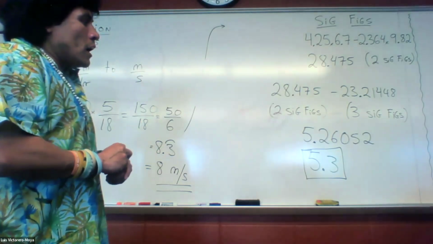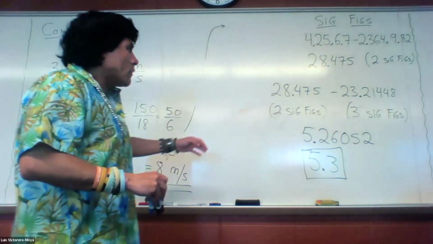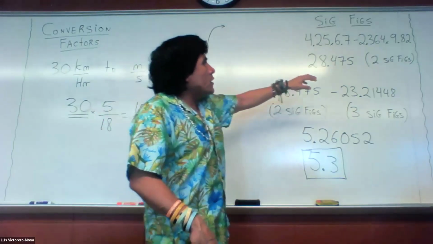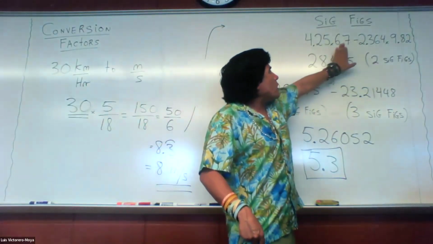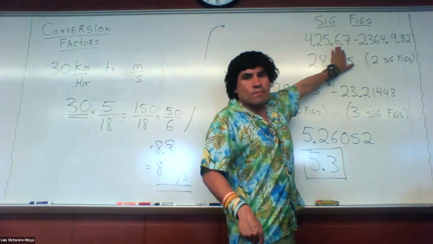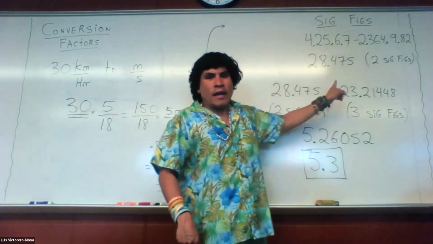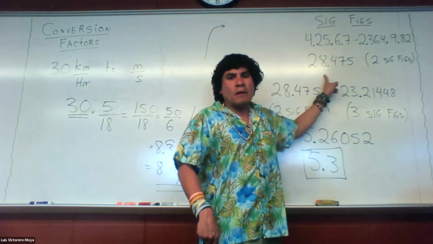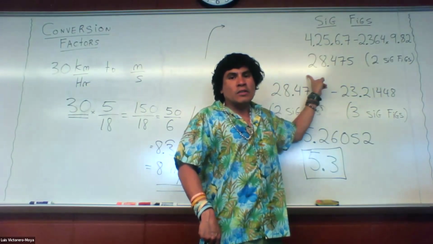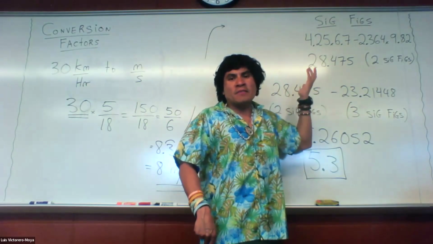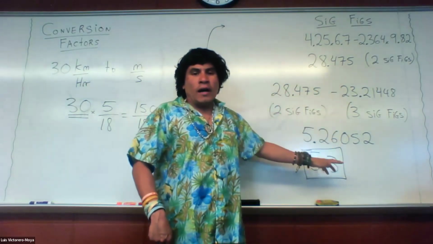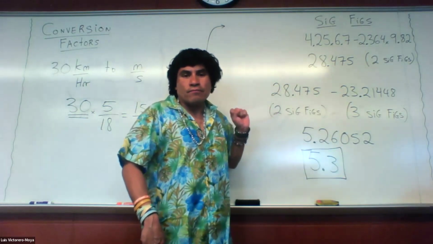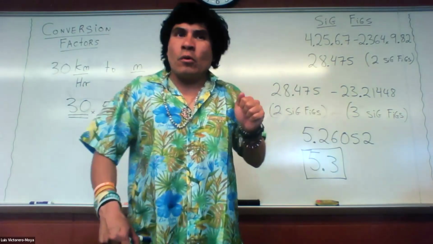In some textbooks, because I was taking a look at this as well in other textbooks, what they do is, because these two sig figs will erase all of this, I don't know if you can see from there, like in this number, if you round it to two sig figs, you won't have any decimal place, it will just be 28. So 28 doesn't have any decimal places. So you could round the final answer like just 5. So it depends what rule you are using.